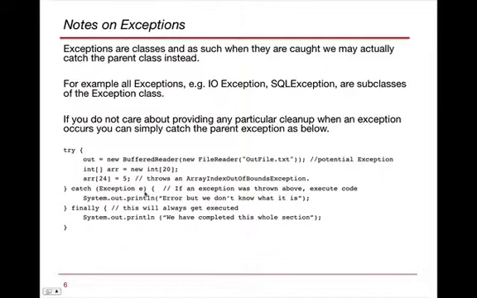Because IOException and array index out of bounds exception error all extend Exception, by us catching the Exception class, or an Exception object, it will go into this line of code. We do not have to worry anymore, and we can just handle the error very simply and then jump into the finally block. We don't need to catch the specific exceptions. We just need to ensure that we catch the exceptions that are based on the various subclasses.